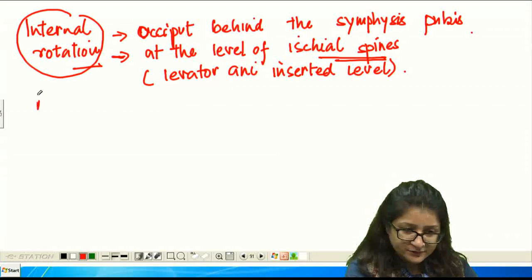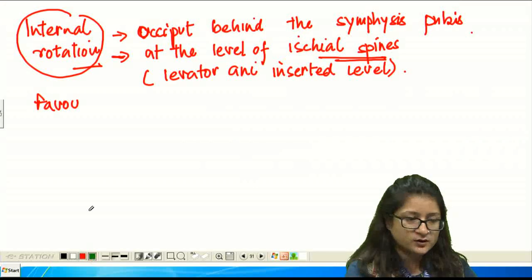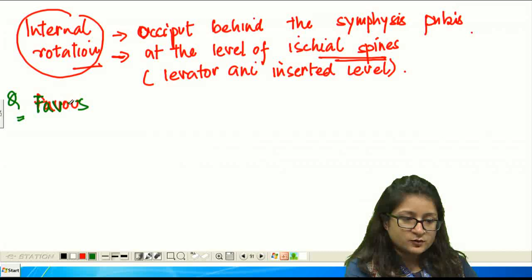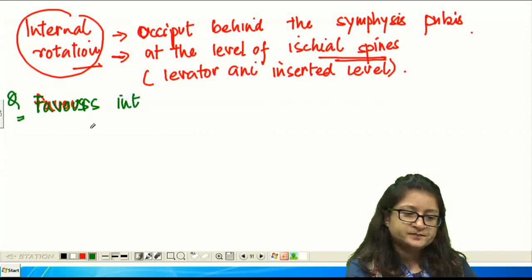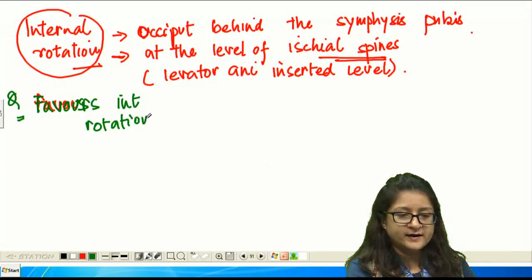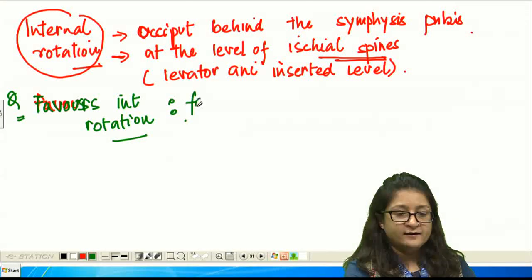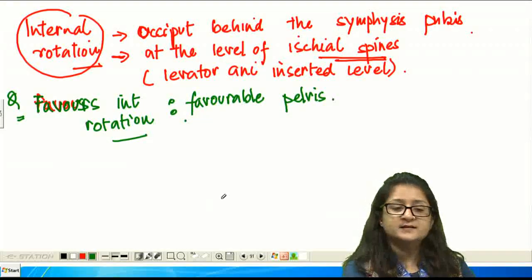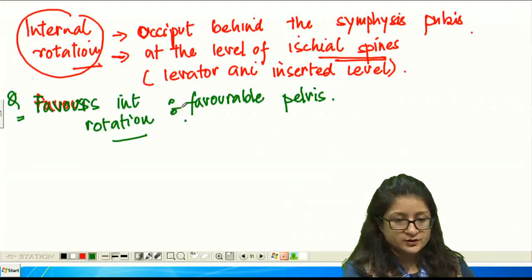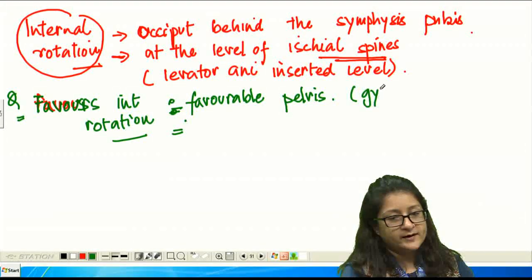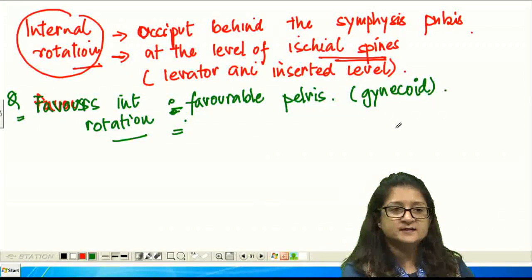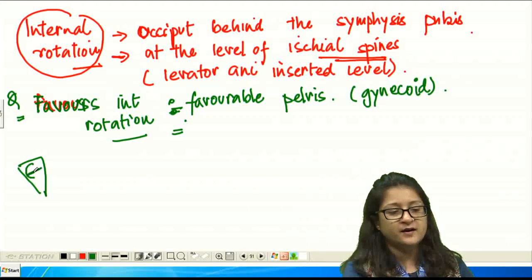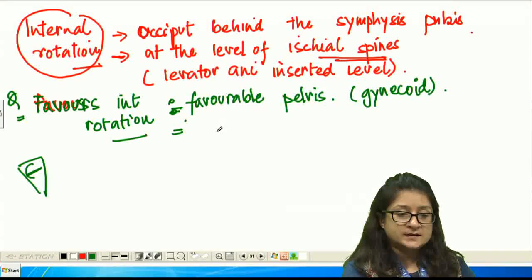A question is often asked: what favors internal rotation? Internal rotation is favored by a favorable pelvis like the gynecoid pelvis. In an android pelvis, like I discussed earlier, there will be incomplete rotation and deep transverse arrest.